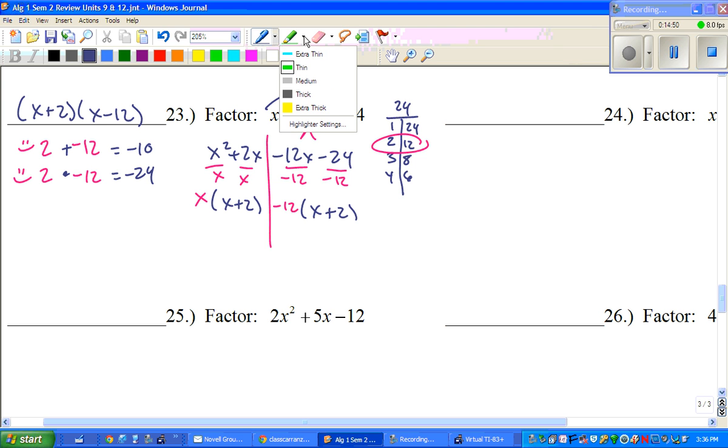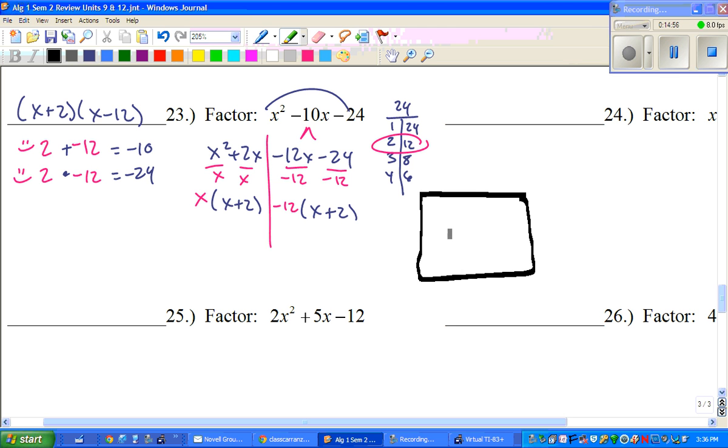All right? Now, in class, we also talked about another way to do this. And that is by writing, once you split the middle term, we can start taking out the GCF this way, okay? The GCF of the top is x.